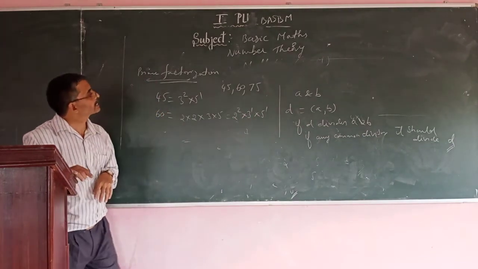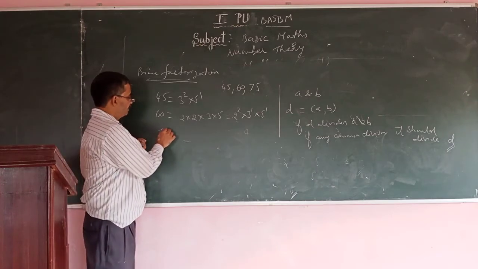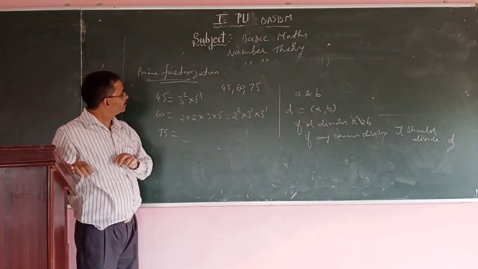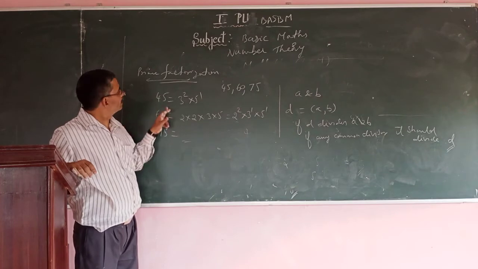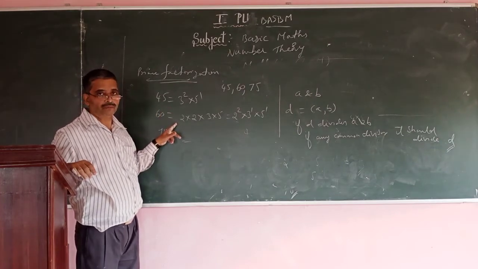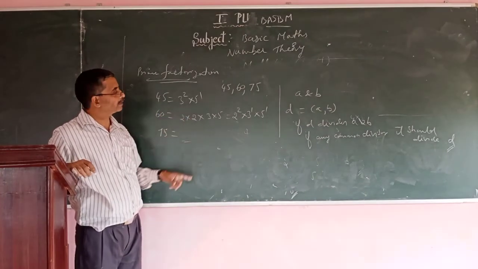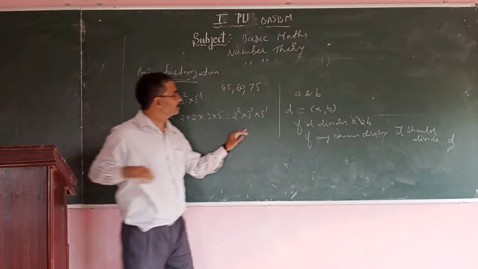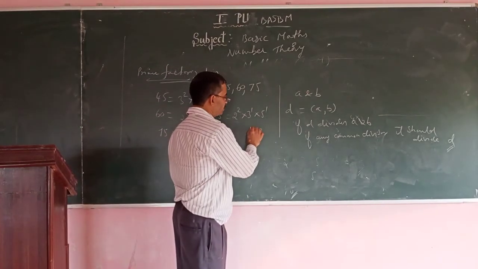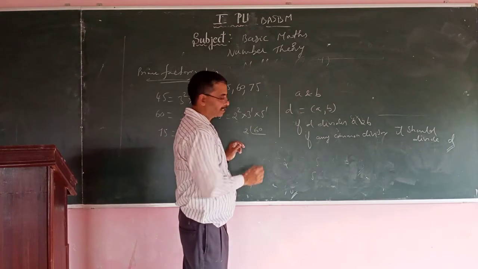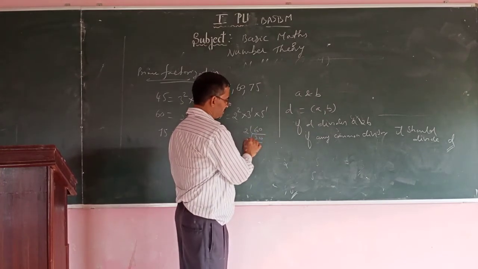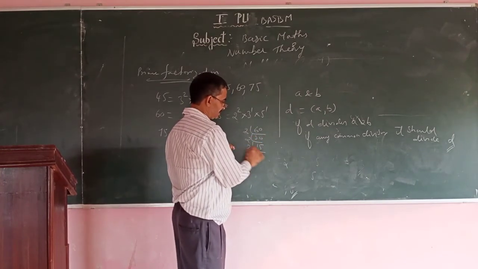Okay. Next 75. I think all of you already know, I will not repeat it. 45 how to get, 60 how to get. If you want I will repeat. 60 means 2, 30, 2, 15, then 3, 5.